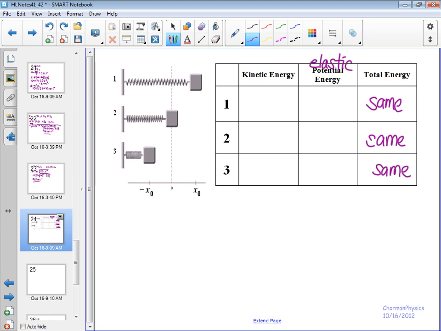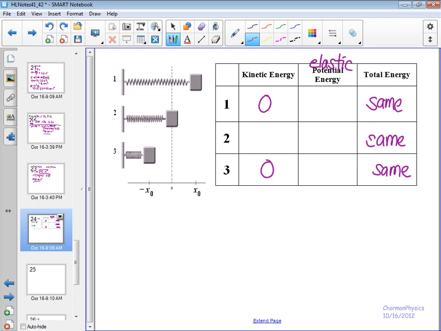But at positions 1 and 3, we should remember that the velocity at those times is equal to 0. So if the velocity is equal to 0, what is the kinetic energy equal to at those times? 0. All right, good. At the equilibrium position, position 2, we know that the spring is not stretched at all.